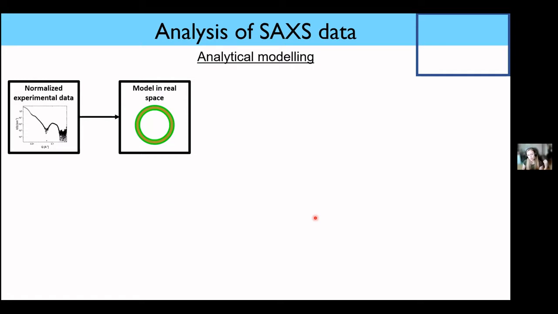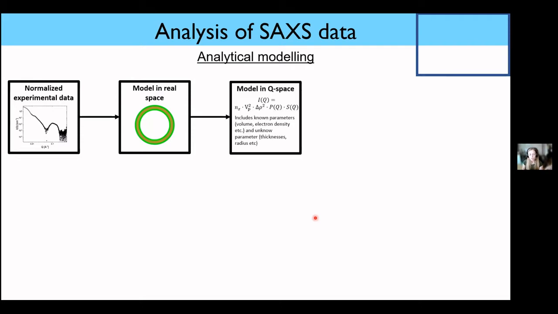So in the case of lipid vesicles, for example, we're pretty sure that this is a spherical double bilayer structure. So we can make a model for it in real space. And from this, we can then deduce how such a structure would scatter.